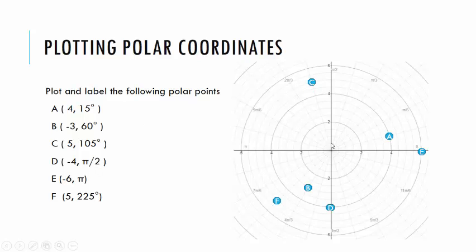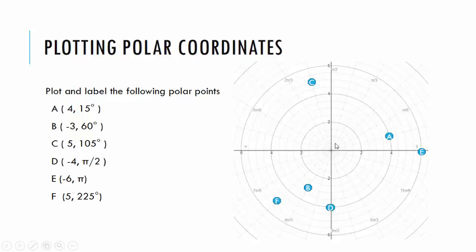For pi over 2 would be north, straight north from the pole, but since I have a negative 4, we've gone to the negative y-axis, and there is D. E, I would go along pi if that were positive 6, but since it's negative, we go in the opposite direction. F, 225 degrees, so we're in the third quadrant, and we go out to the fifth concentric circle so that F is down here in the third quadrant.